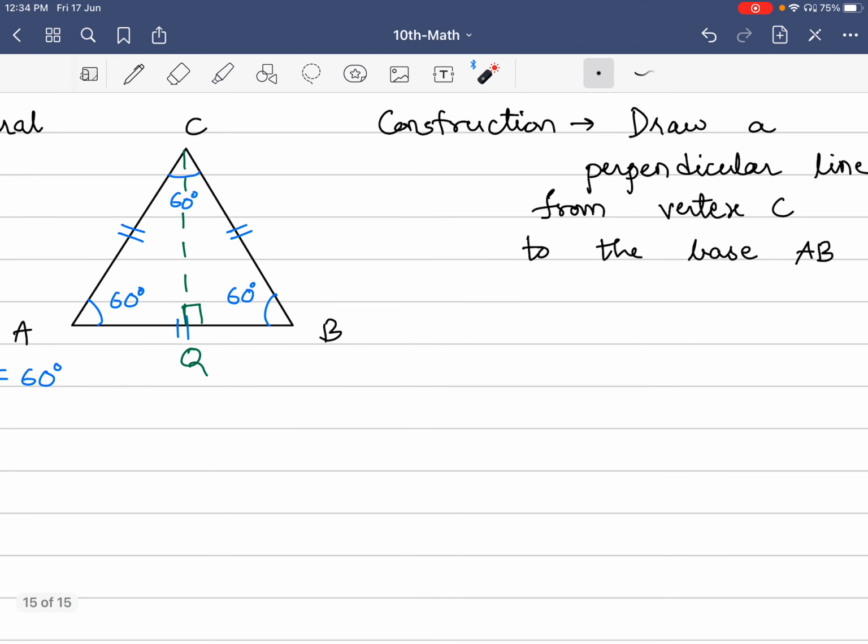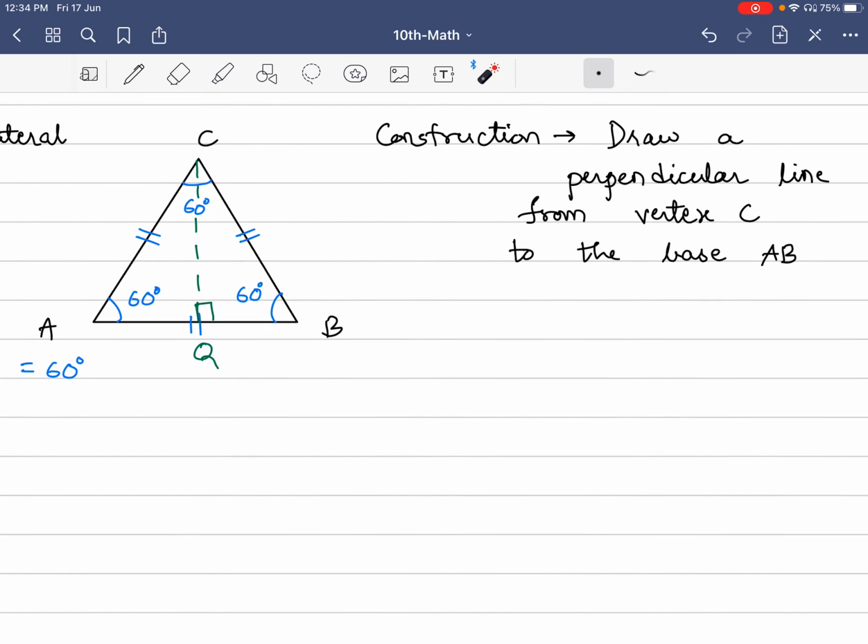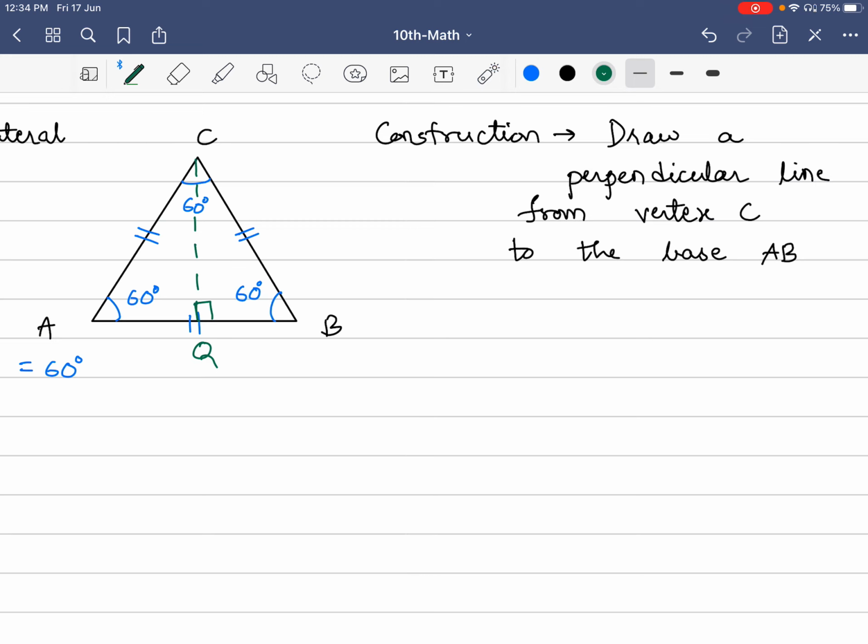So we have done this construction of a perpendicular line, and this is our 90 degrees. Now consider these 2 triangles, triangle AQC and triangle BQC, these two half triangles.